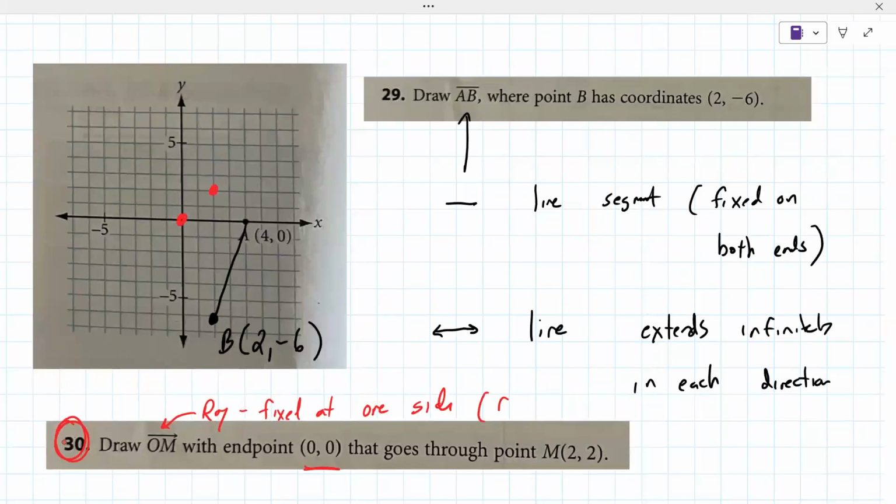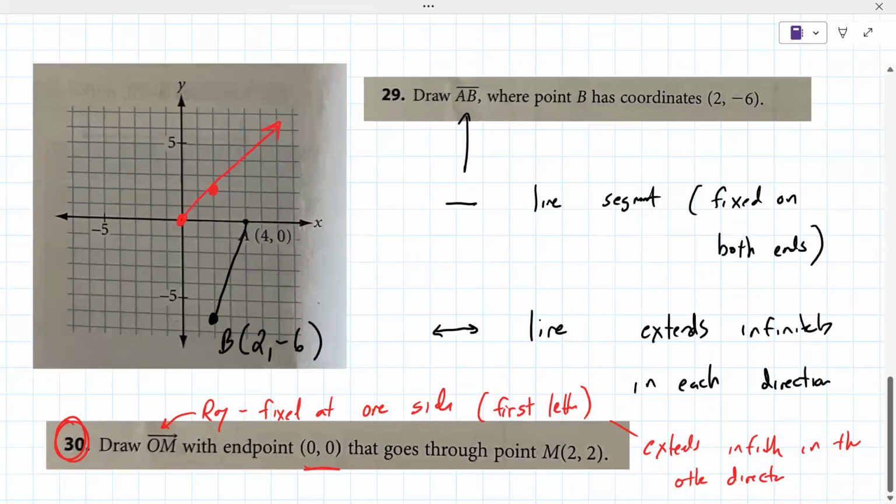It's the first letter. And then it extends infinitely in the other direction. So this time you do need an arrow. You need to say it goes through that point and then it goes forever in that direction. The first letter is where it starts, and the second letter is what it goes through.